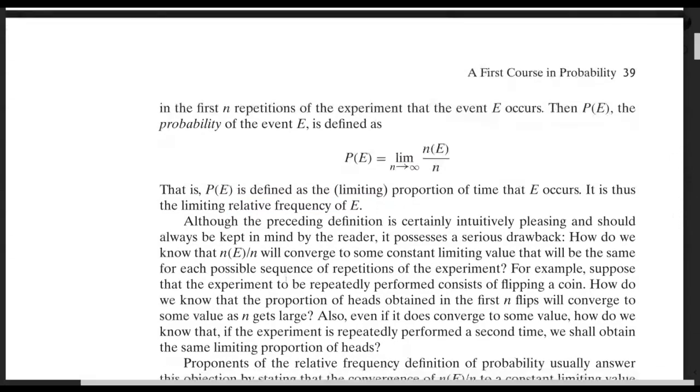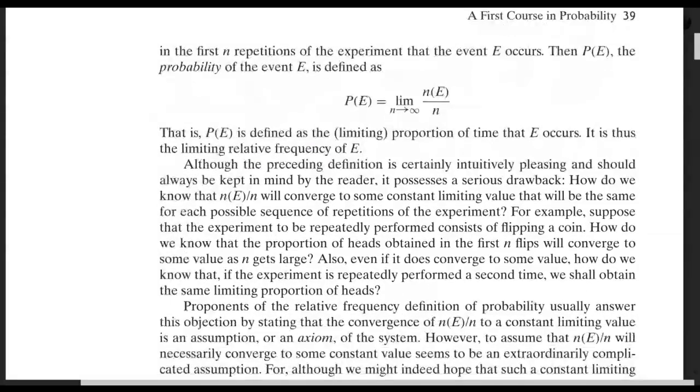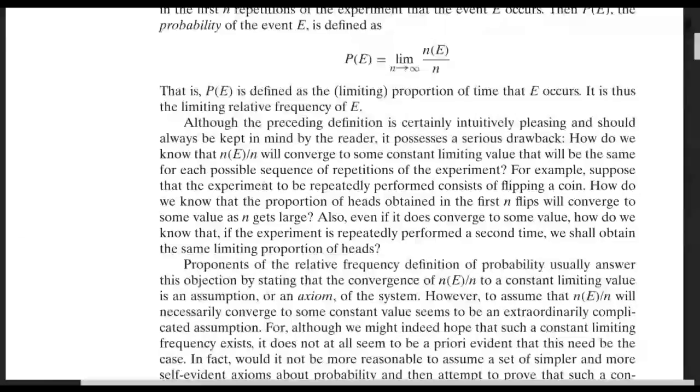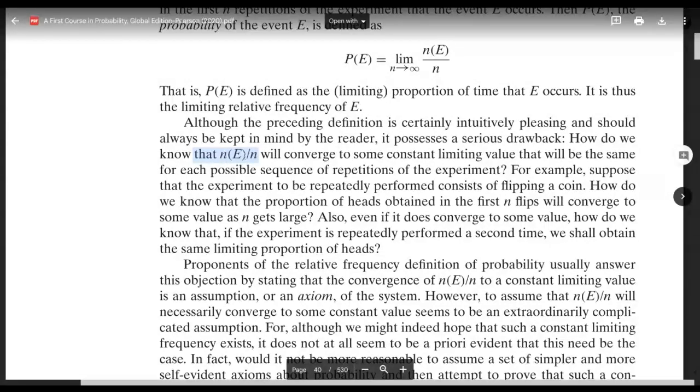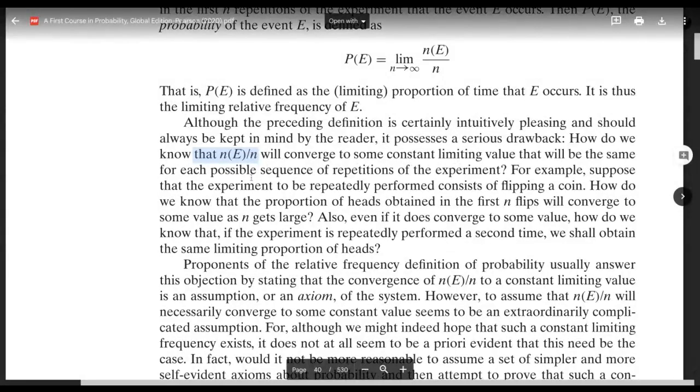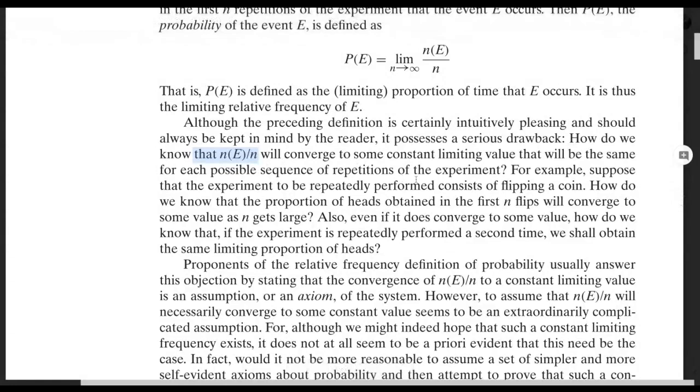All right, so this is something new I learned from this book. This is saying, how do we know that N(E) divided by N will converge to some constant limiting value that will be the same for each possible sequence of repetitions of the experiment?